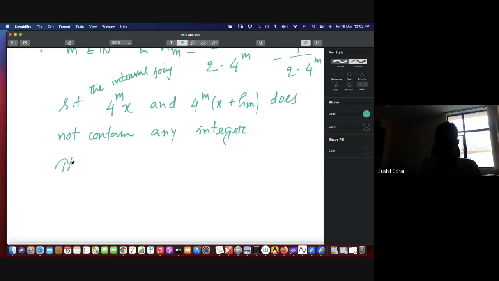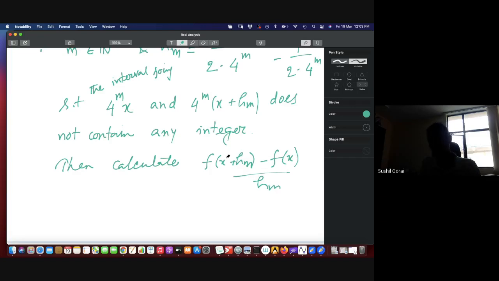Then calculate (f(x + h_m) - f(x))/h_m. Calculate this and you'll see what happens.